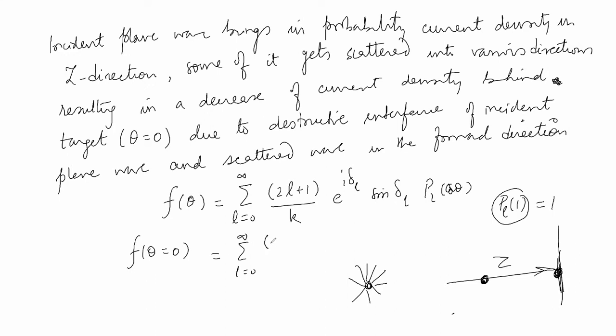Now, if I am talking about f(theta) equal to 0, this implies that (2L+1)/k equals e^(i delta_L) sin delta_L, because this part is 1.